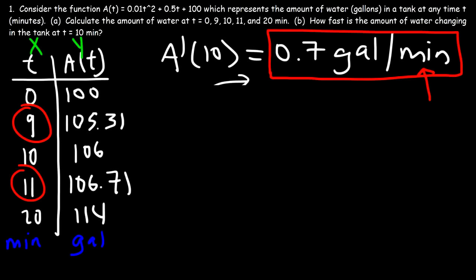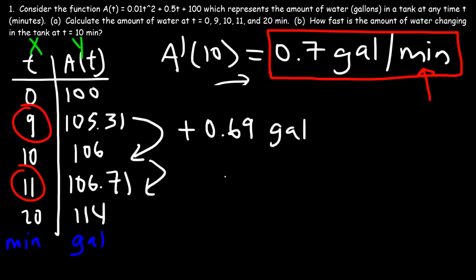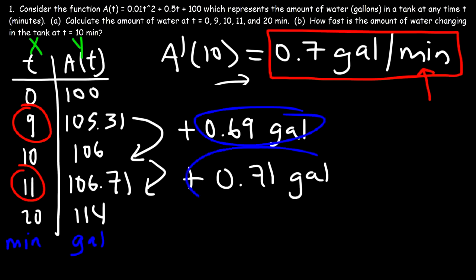And so looking at the table, going from 9 minutes to 10 minutes, in 1 minute the increase in the amount of water was 0.69 gallons. And going from 10 to 11, or the next minute, the increase in the amount of water is 0.71 gallons. So if we were to average the changes from 9 to 10 and 10 to 11, it will give us 0.7 gallons per minute.